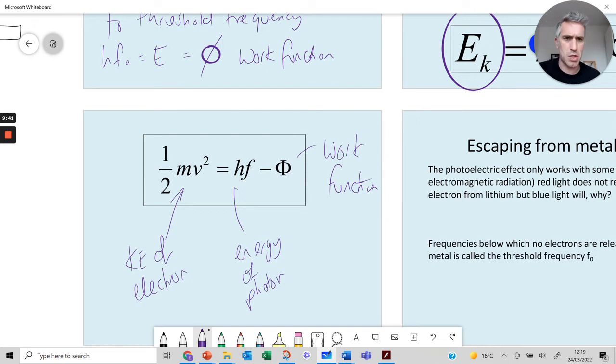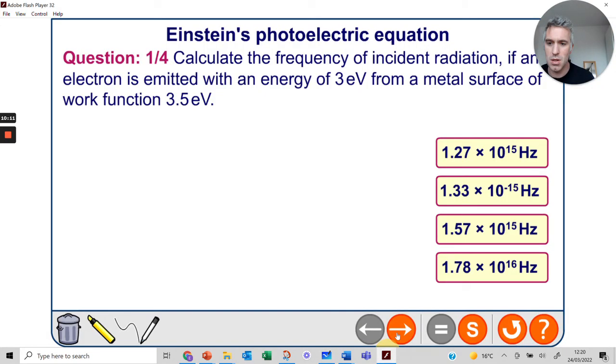Now, if the work function is higher than the energy of the photon, that means the electron will have negative kinetic energy, so it's not escaping. If the work function is the same as the energy of the photon, it ends up having no kinetic energy. But if the photon has more energy than the work function requires, then any leftover energy goes into the electron, and the electron can use this to go and fly away and do lots of cool stuff.